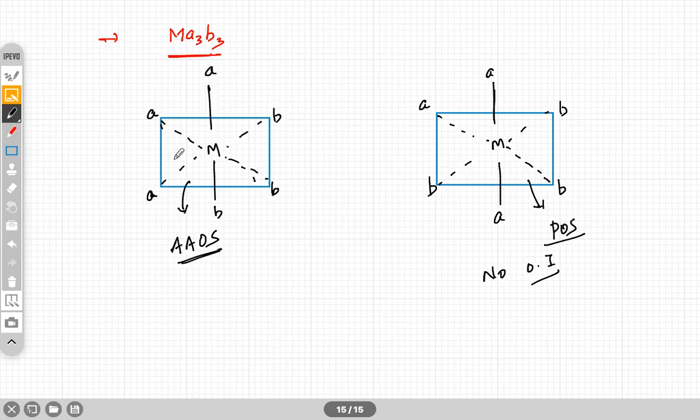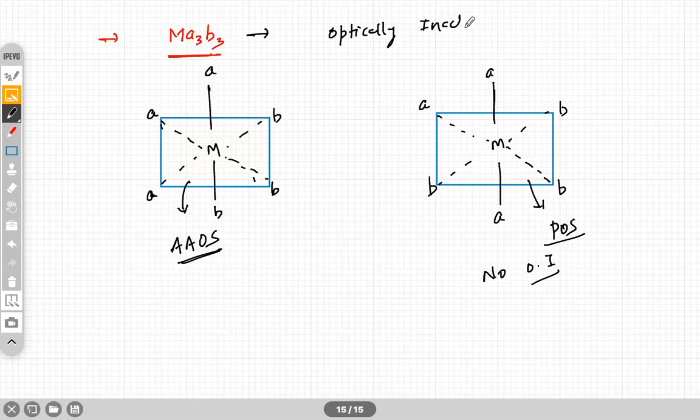Sometimes they ask this question because we cannot see it here. If you try to imagine, you won't find any kind of plane of symmetry, because you cannot imagine this thing. It's very difficult to visualize. You have to draw the structure 2-3 times, and then you have to see the plane of symmetry. So what I'm telling you here, MA3B3 type, first of all, the molecule is optically inactive. There's no second thought about it.